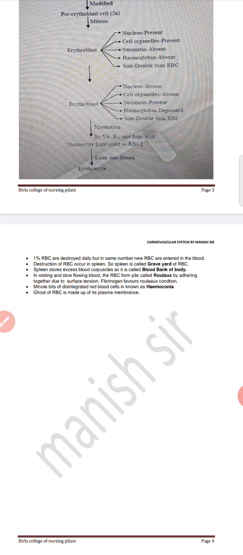Fibrinogen favors rouleaux formation. Minute bits of destroyed red blood cells are known as hemoconia. The ghost of RBC is made up of its plasma membrane.